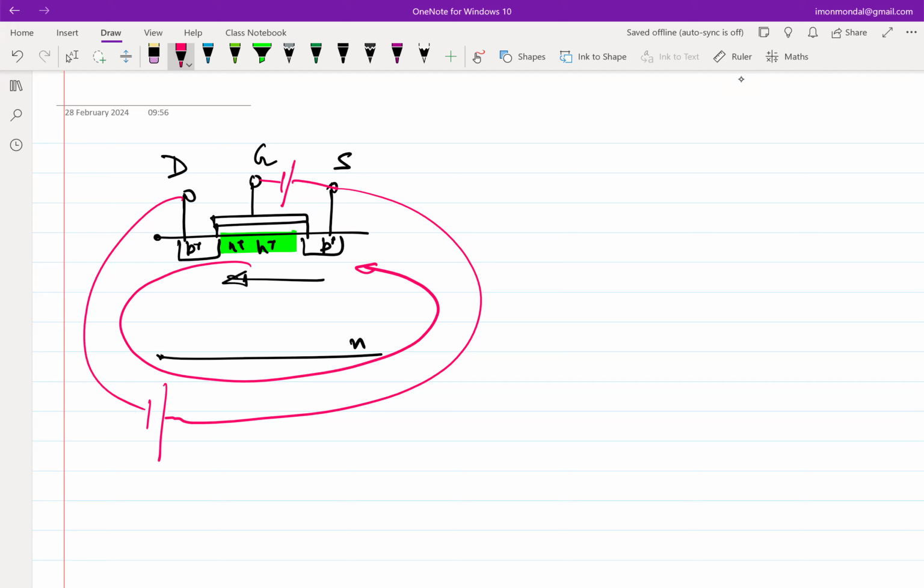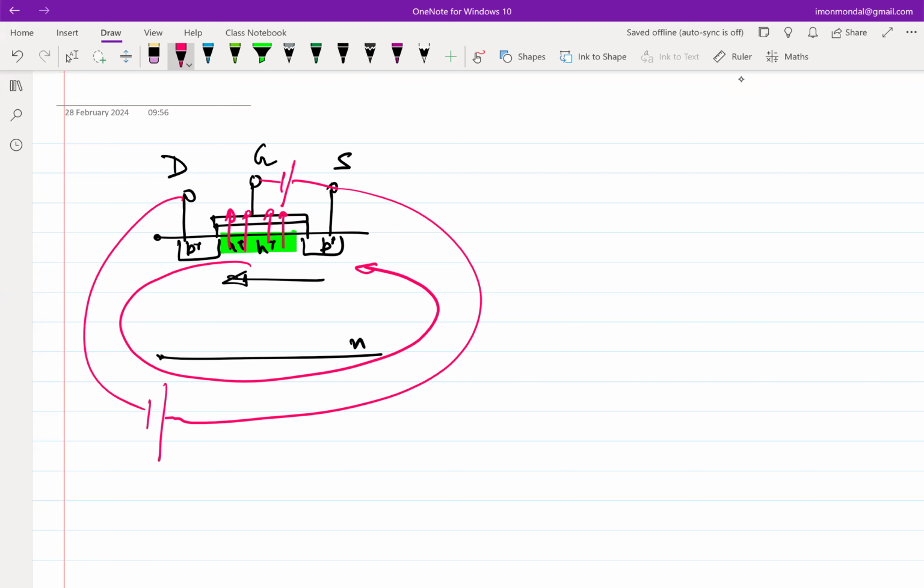So the gate to source voltage gives us this electric field, the vertical electric field in the direction as shown from the channel to the gate. So if I make the source to gate voltage 0, for example, that electric field will vanish and there will be no holes in the channel, which means no carrier transport.